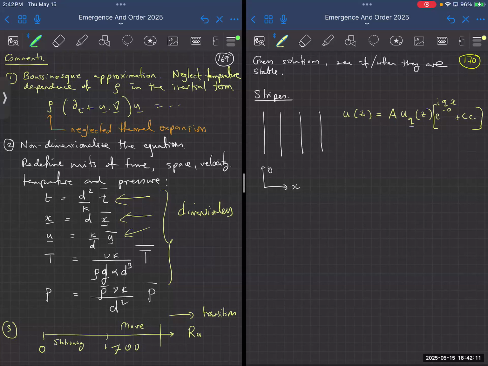So that would be stripes in the xy plane, and then in the z direction, some other function u of z associated with the wave number q. So that would be how you could write down stripes.